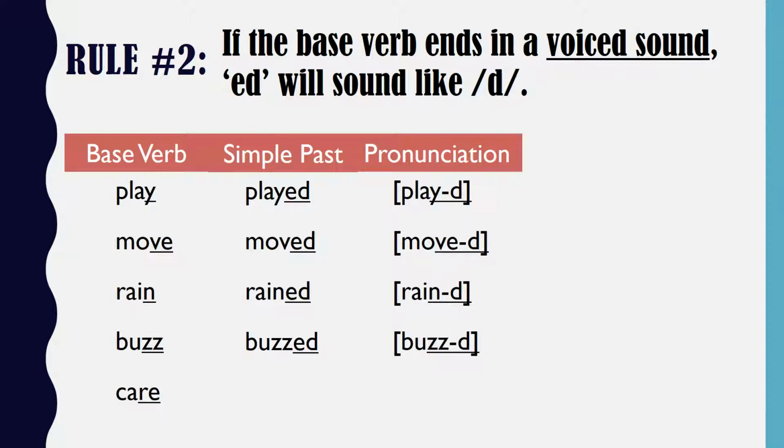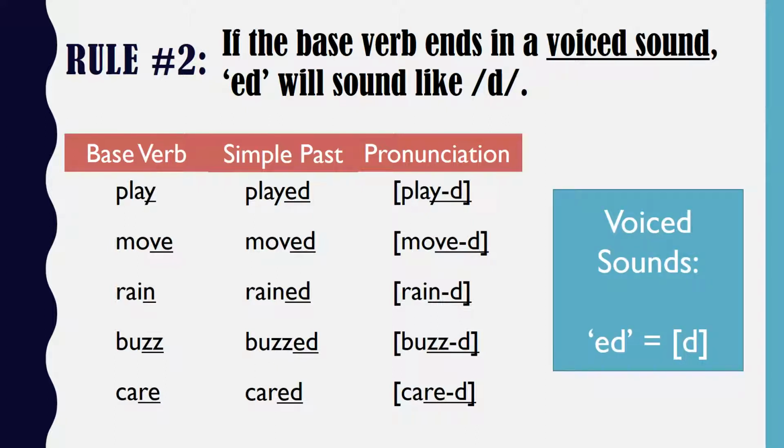Buzz becomes buzzed, buzzed, buzzed. And finally, care becomes cared, cared, cared. So again, if the base verb ends in a voiced sound, you simply add d to the end for correct pronunciation.